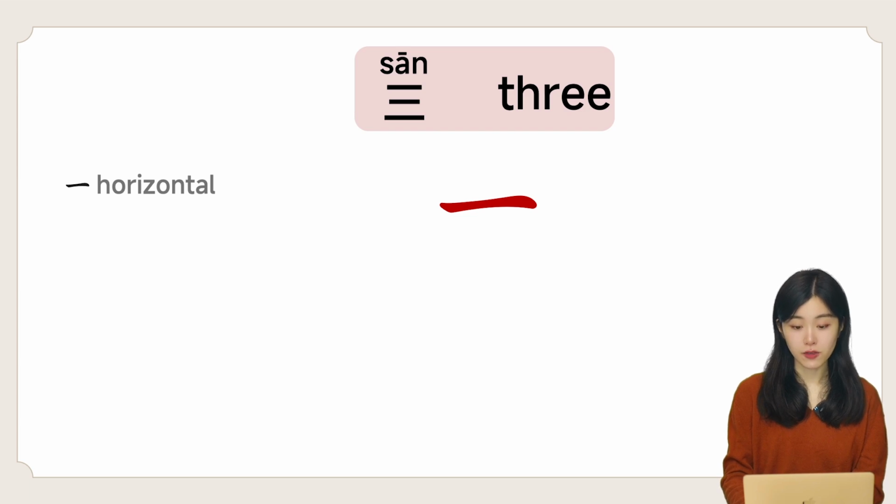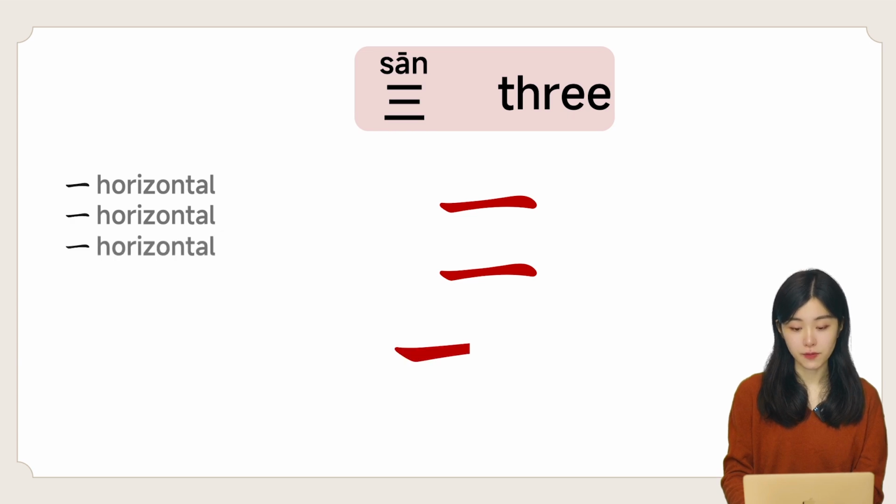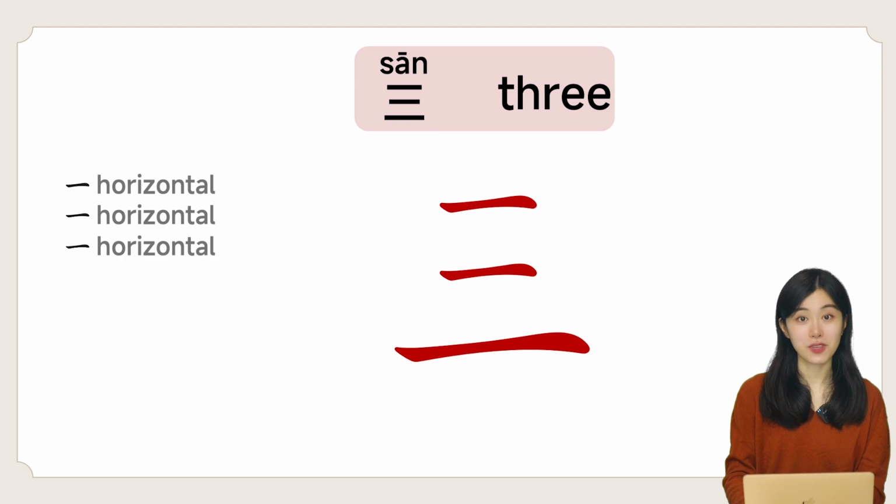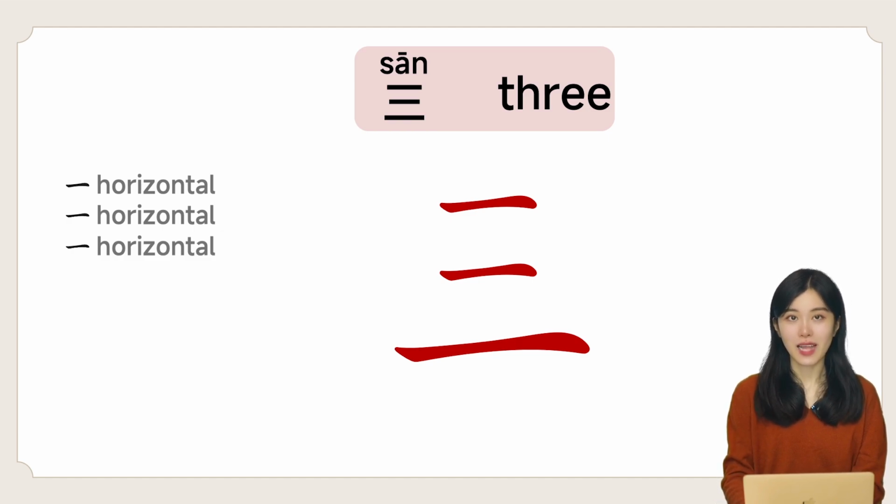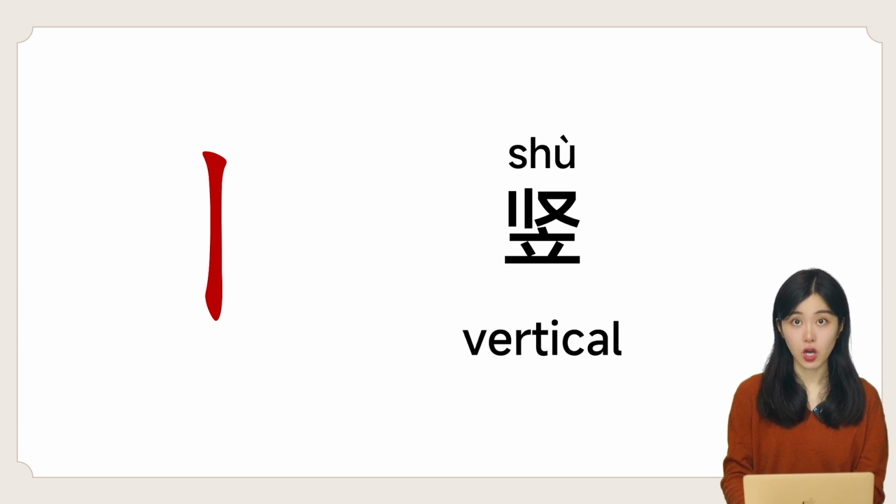Next, we write the horizontal stroke in the middle. Finally, write the horizontal stroke on the bottom, from the left to the right to draw a line. Is it right? Please try to write it after me. Okay, great.